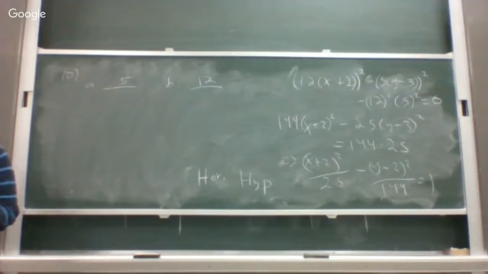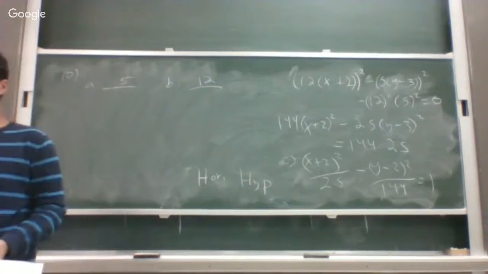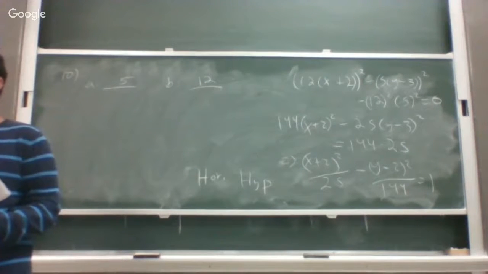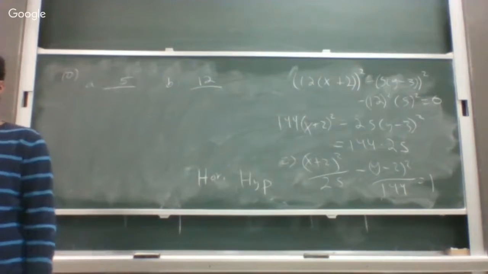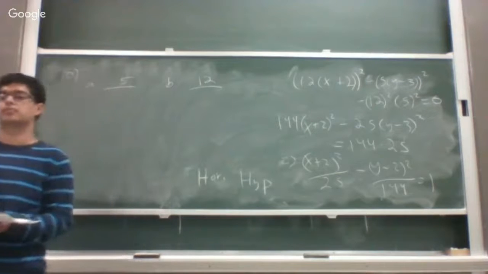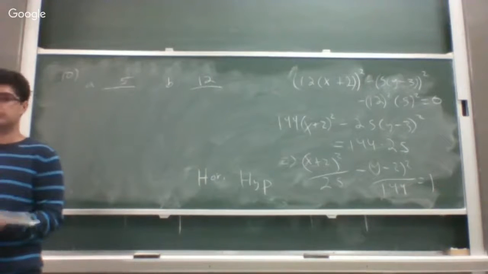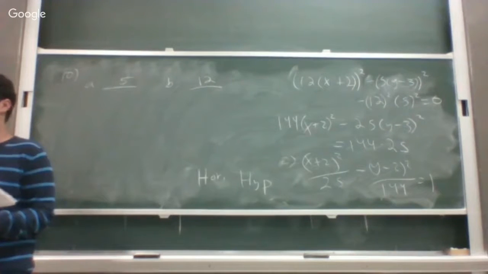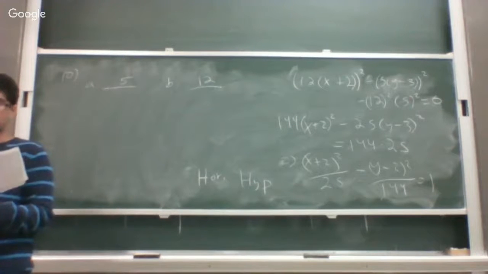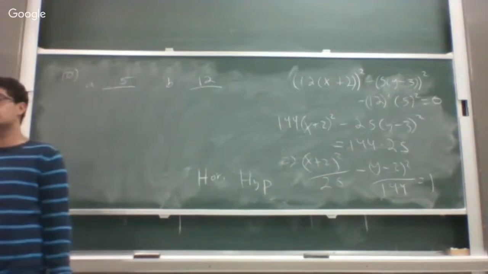For an ellipse, A is the bigger denominator, and that's your A value.